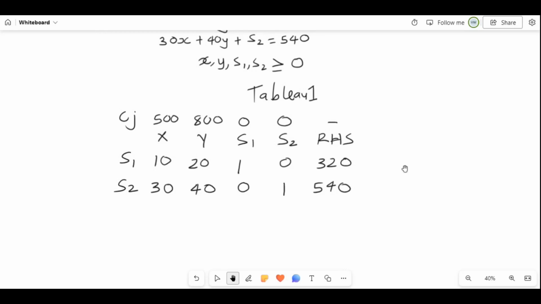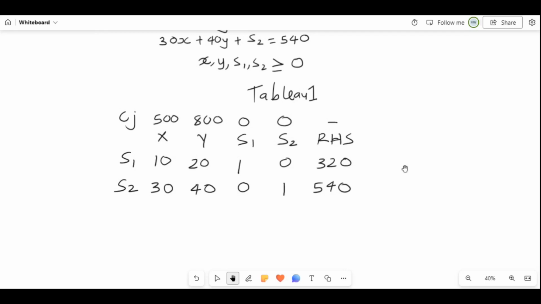And once we've introduced the slack variables, in most cases, the initial tableau is always set at 0. The reason why we set the initial tableau at 0 is because it is from tableau 1 that we are trying to assign resources.